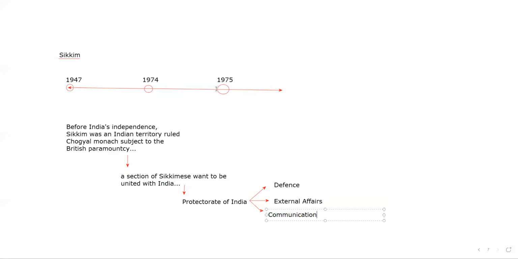So from 1947 till 1974, Sikkim remained a protectorate of India, as I have told you. Then what happened in 1974?